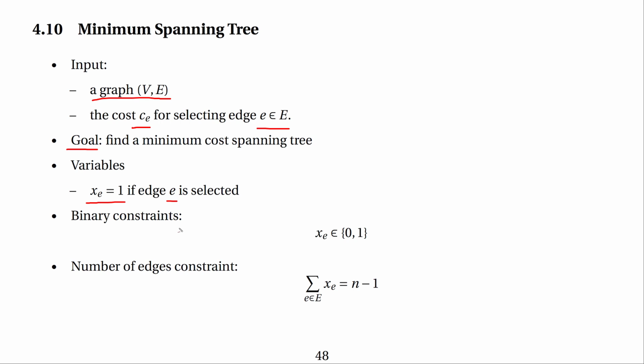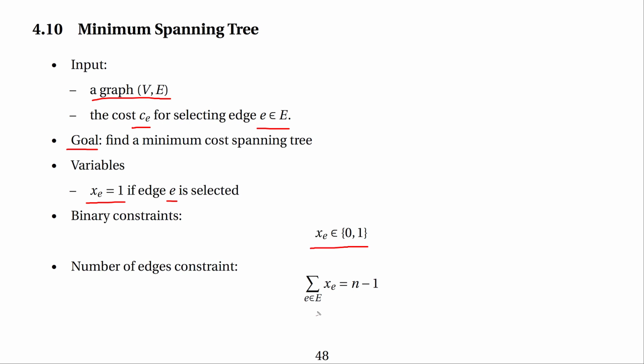As constraints, we have a binary constraint that all variables need to be either 0 or 1. How can we guarantee that a subset of the edges constitutes a spanning tree?